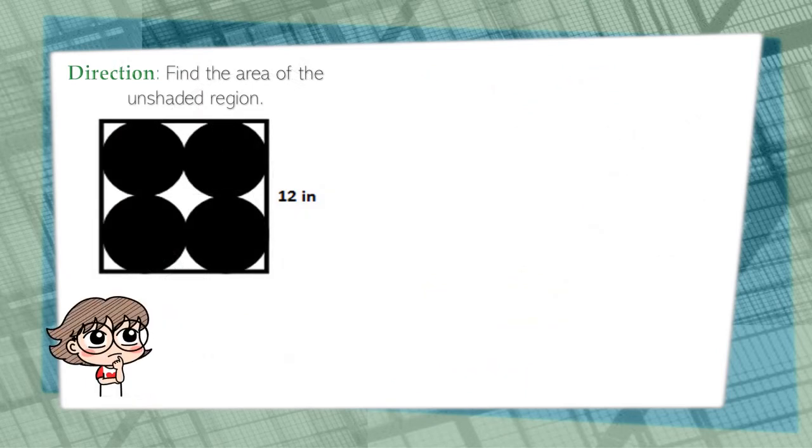So for our next example, this time we're going to do this vice versa. We are going to find the area of the unshaded region, but this would be quick, guys. So first, let us find the area of the given circle. As you can see, we do have this four-sided polygon.